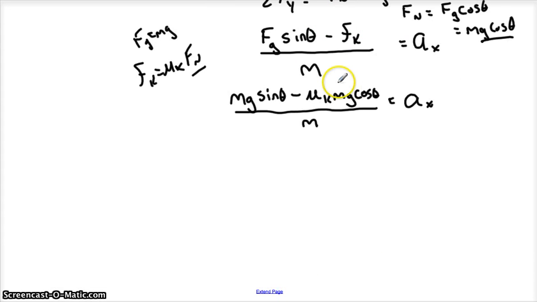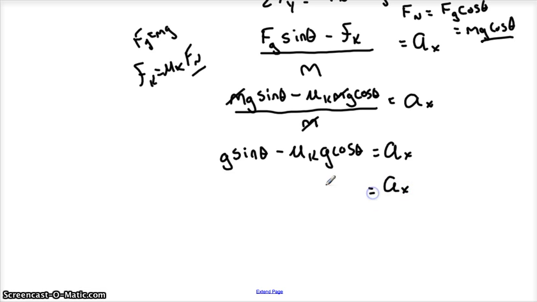If you notice, it's nice to keep everything in symbols for a while because something interesting happens. Notice that down the ramp, the mass cancels out of these terms. And we find out something interesting, and we might actually expect this, that the acceleration is only due to a portion of gravity. It's independent of the mass.